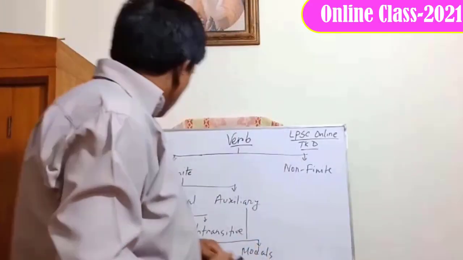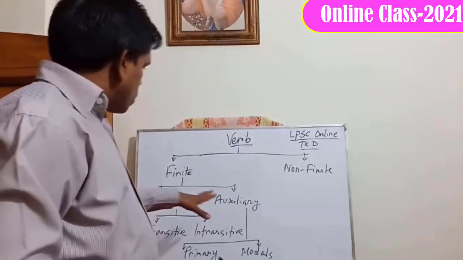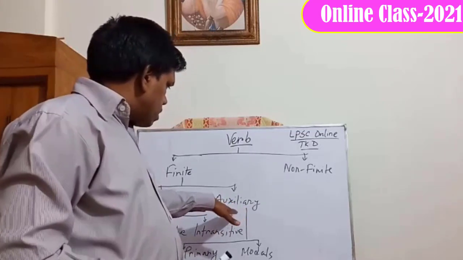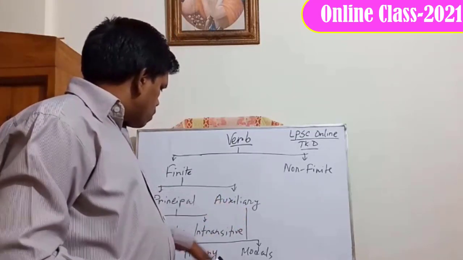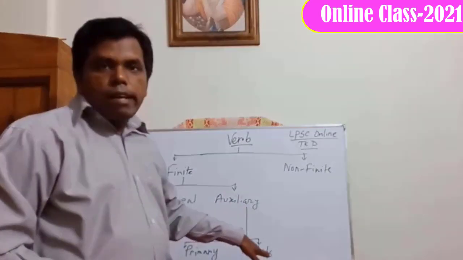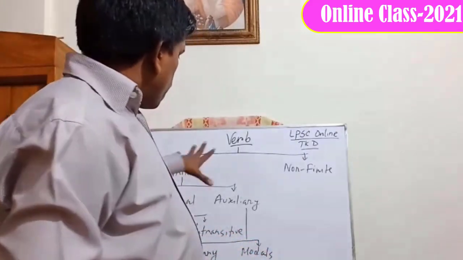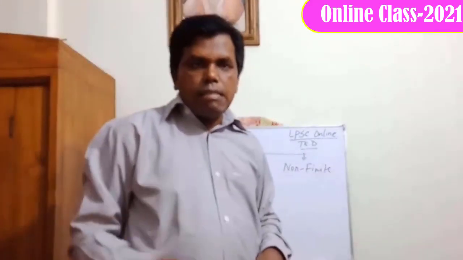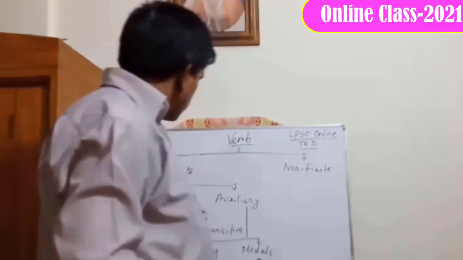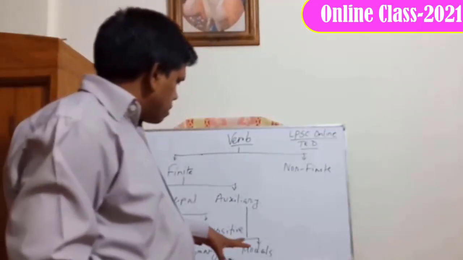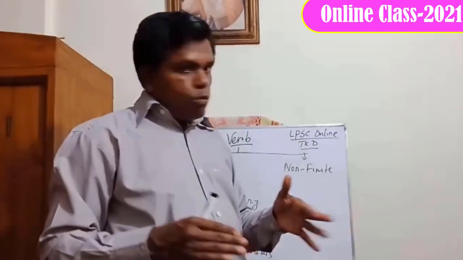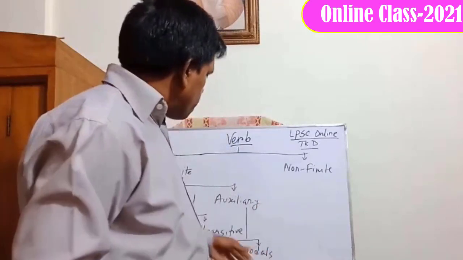I have already shown you that the auxiliary verb has two branches, primary and modals. I'll describe them in the next class, the next session.